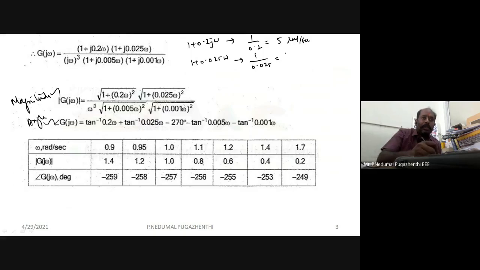So it is 40 radians per second. Then you have another factor, 1 plus 0.005 omega. So 1 by 0.005, how much do you have? 200 exactly.